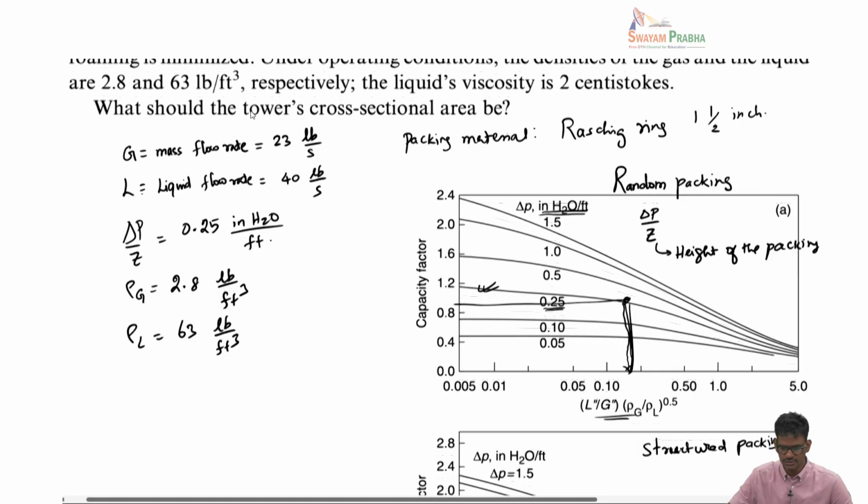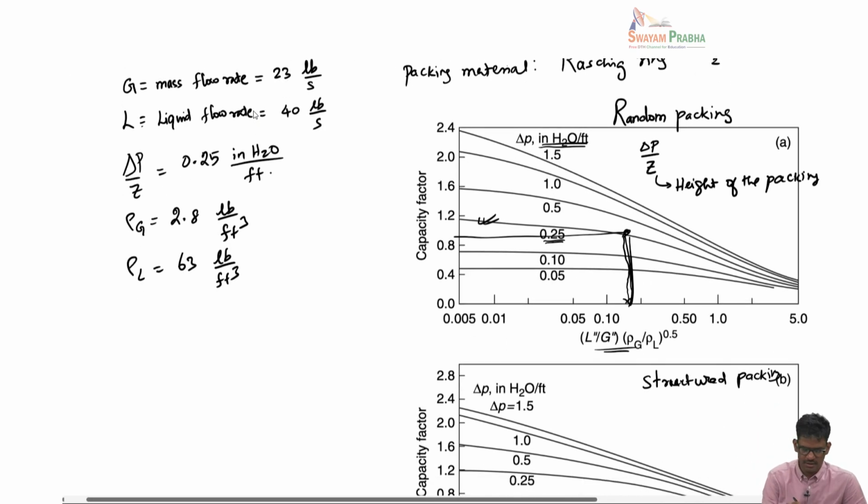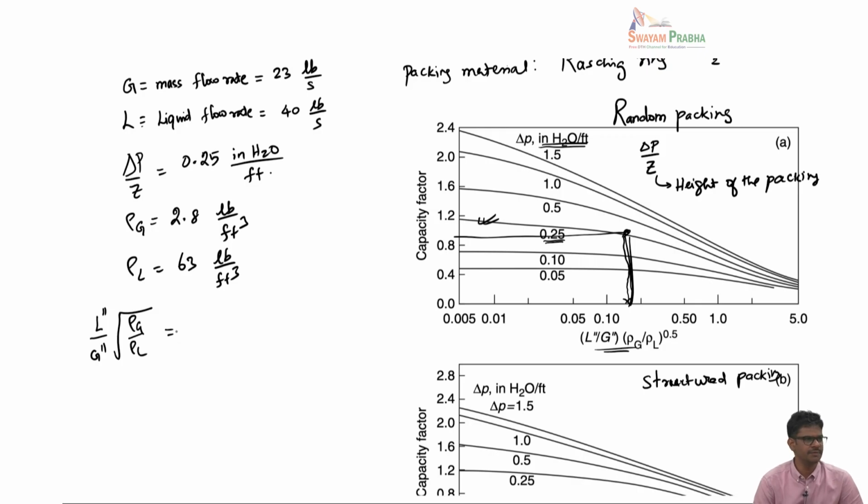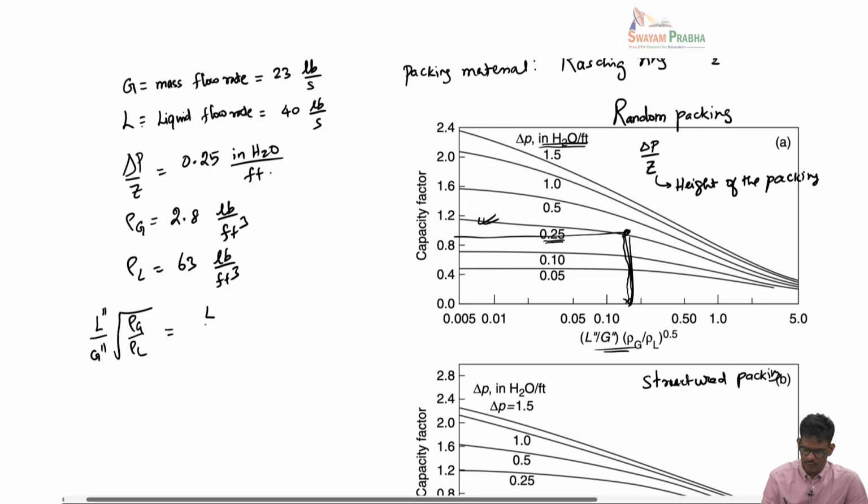So we want L double prime by G double prime times square root of rho G over rho L. But we don't know L double prime. L double prime is the liquid mass velocity, that is liquid mass flow rate divided by the area of the cross section. So I will say L over A. What is G double prime?